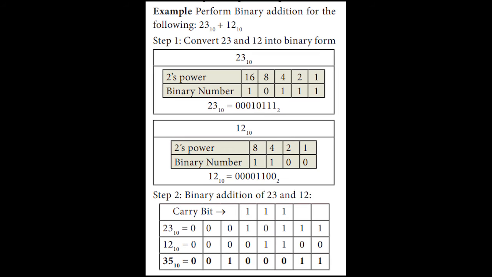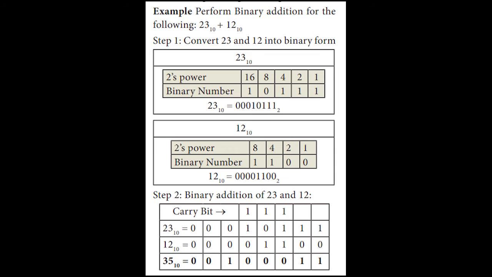When you are adding, you will get a number, right? That is the addition value, and that value you have to convert into a decimal number, and that is the answer. Here, 23 and 12 are 0, 0, 0, 1, 0, 1, 1, 1 and 0, 0, 0, 0, 1, 1, 0, 0. 35 is the answer, right? 23 plus 12 is 35.